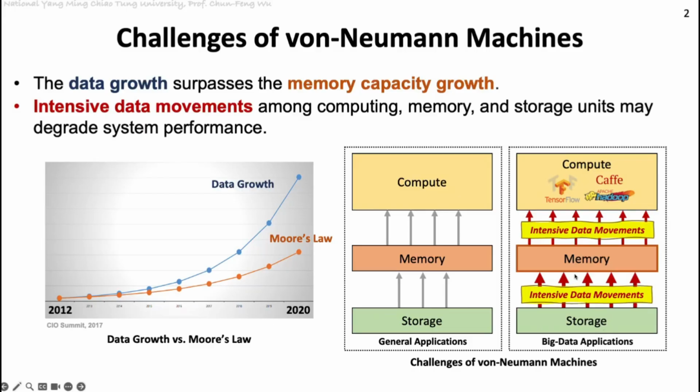And if you are going to deploy big data applications, you will usually find there are a lot of data movements between storage, memory, and compute, because big data applications usually do not have specific access patterns, like general applications with obvious spatial or temporal locality.